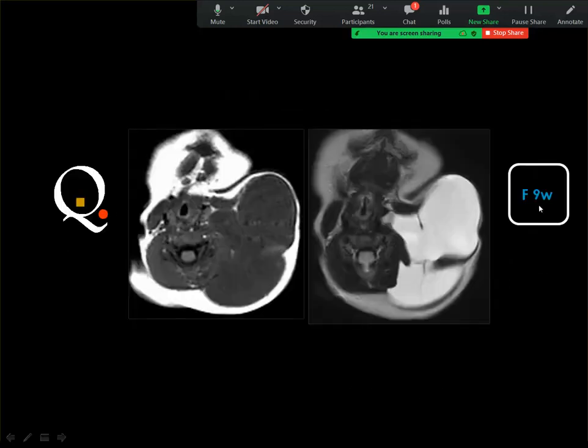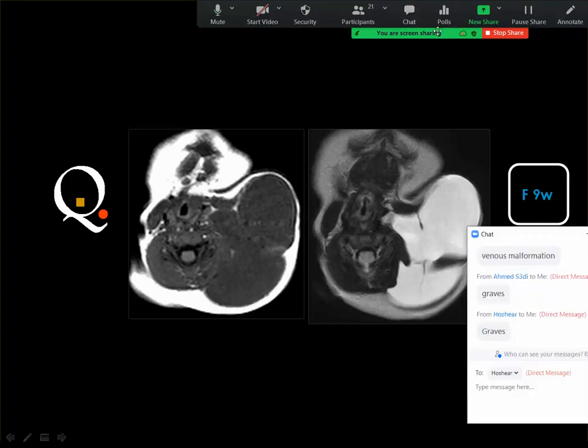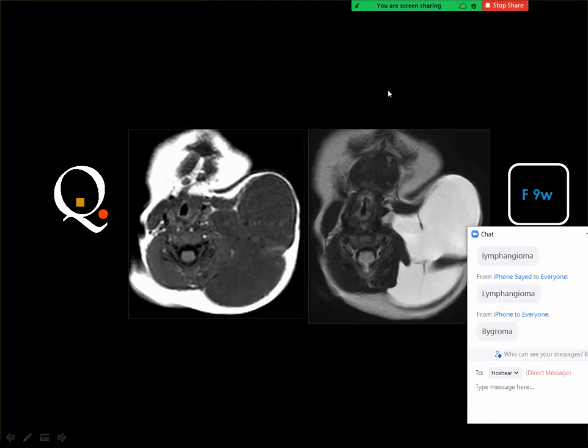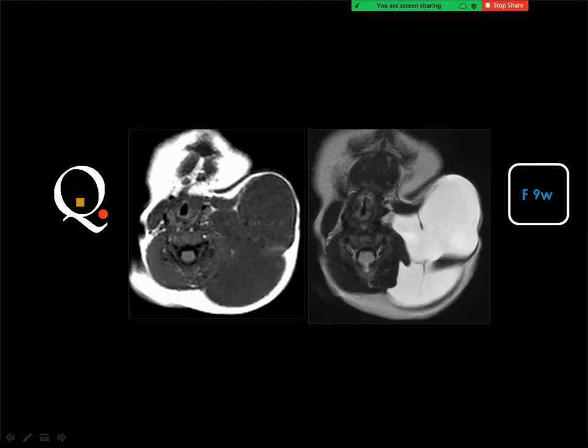This is a female infant, 9 weeks old, with a huge mass on the left side of the neck. Lymphangioma, yes, this is lymphangioma, big cystic lesion in the neck.